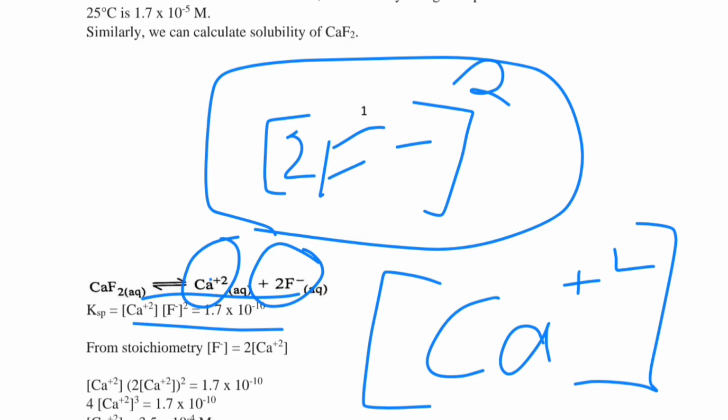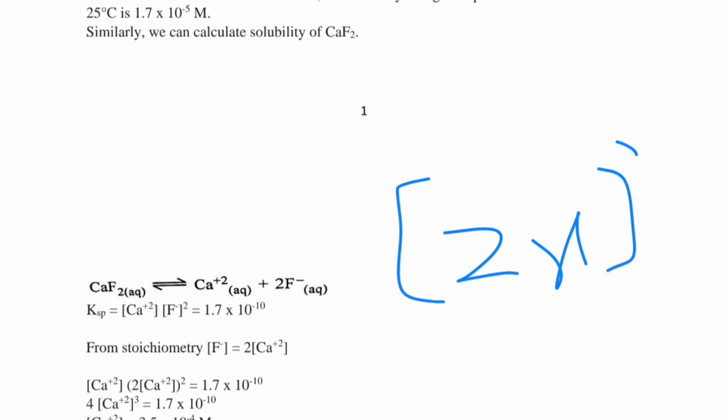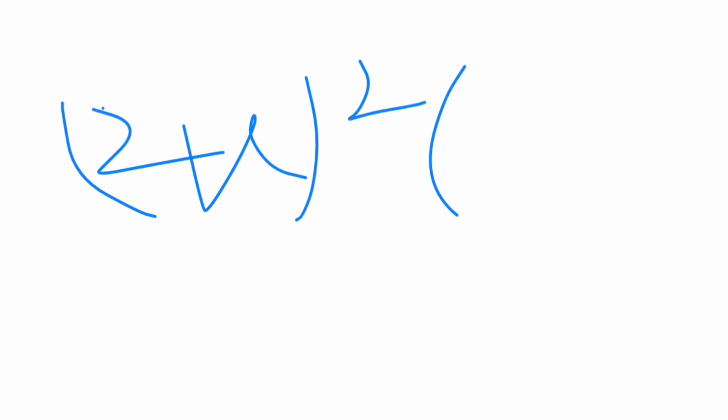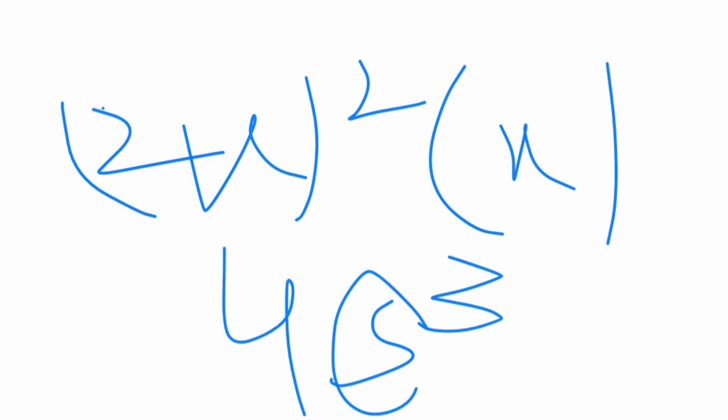So we write the value for fluoride as 2x squared, and for calcium x. When we solve 2x squared and x, we get 4x cubed. We have to find S, the solubility of the ion.